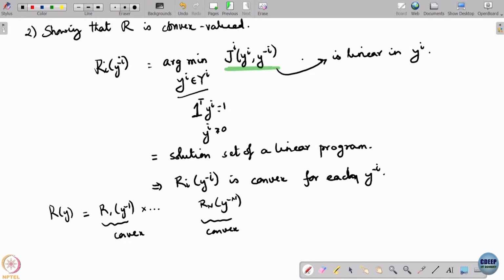Therefore, this R of y is also a convex set. And this is exactly what we wanted to show. We wanted to show that R is convex valued, which means that for every y, R of y is a convex set.